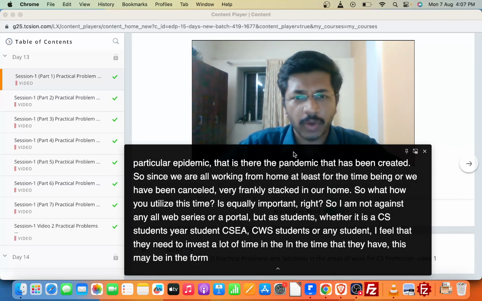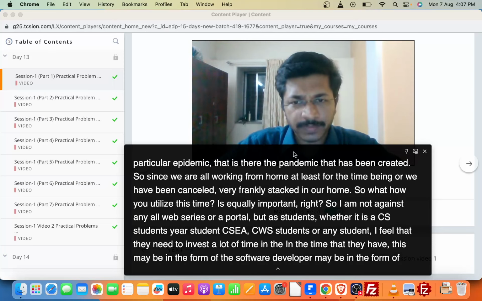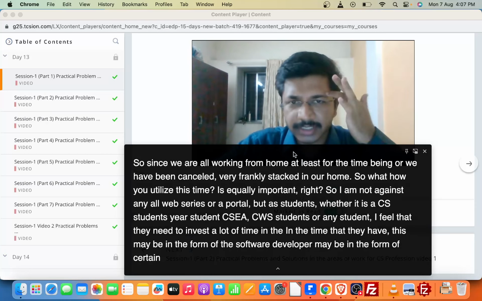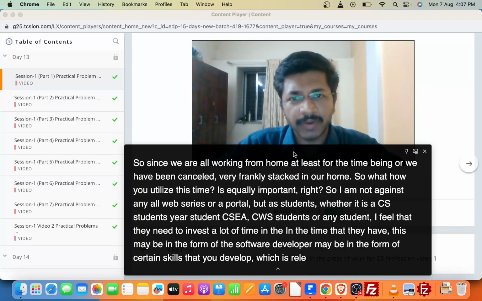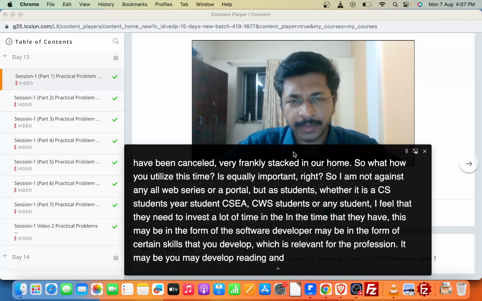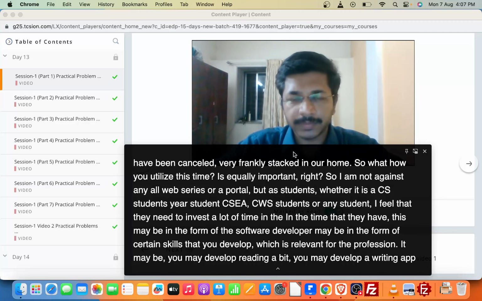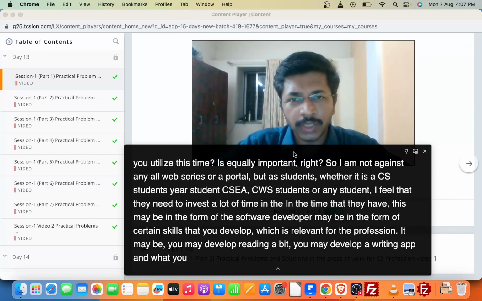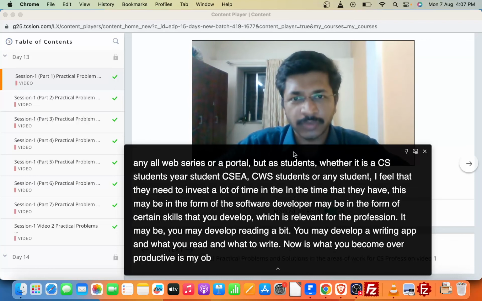This may be in the form of the soft skills that you develop. It may be in the form of certain skills that you develop, which are relevant for the profession. You may develop a reading habit, you may develop a writing habit, and what you read and what you write now is what you become over a period of time, is my observation.